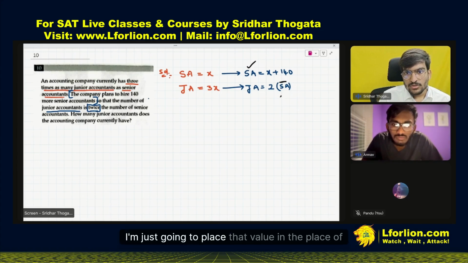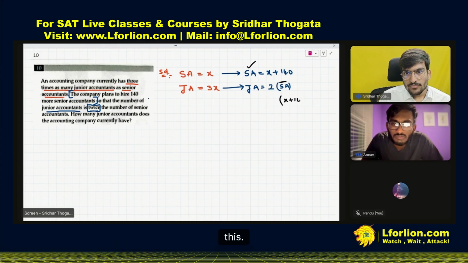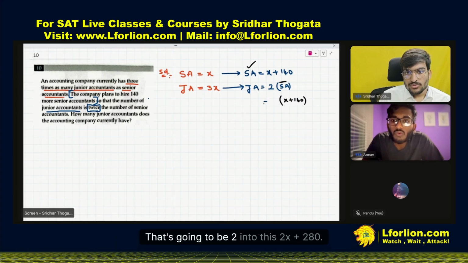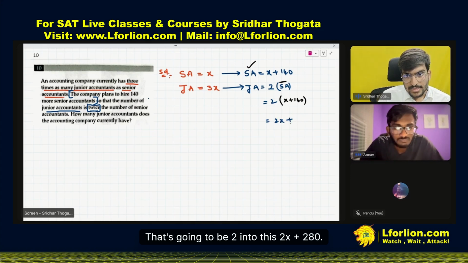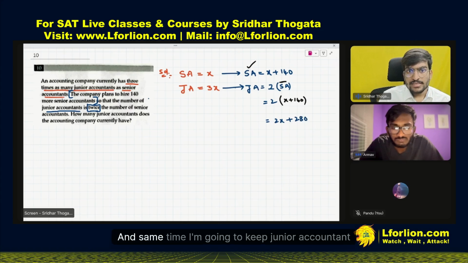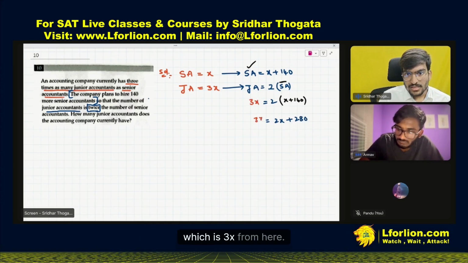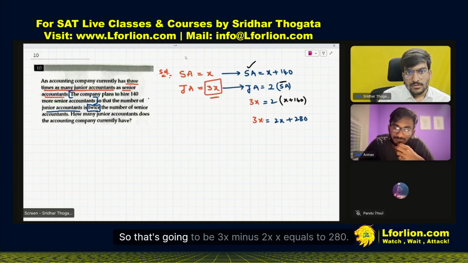So I'm just going to place that value in the place of this. That's going to be 2 into this, 2X plus 280, and at the same time I'm going to keep junior accountants, which is 3X from here. So that's going to be 3X minus 2X equals 280.